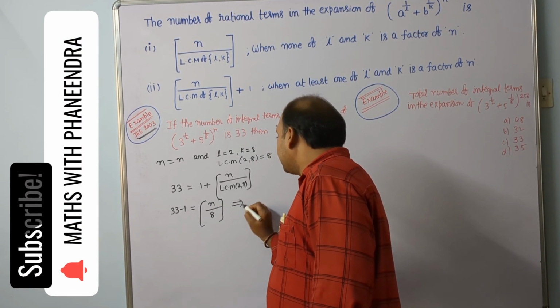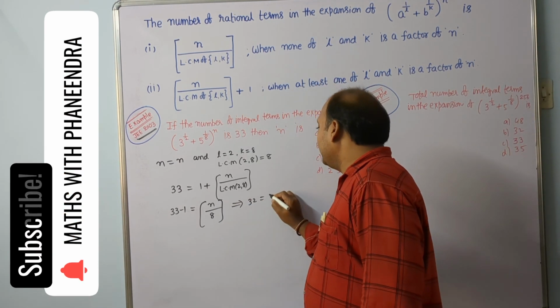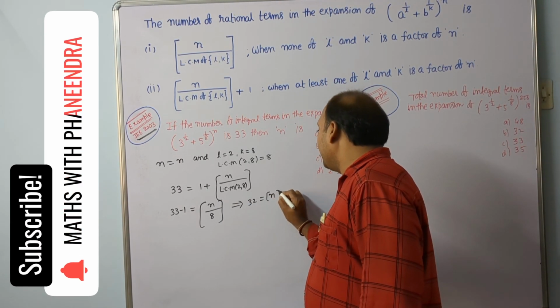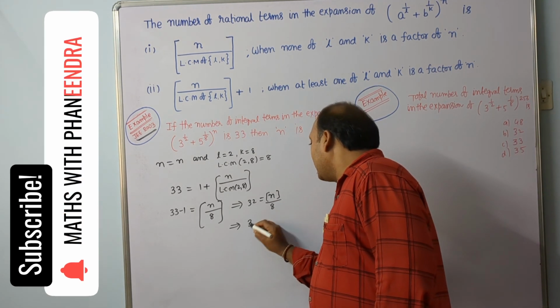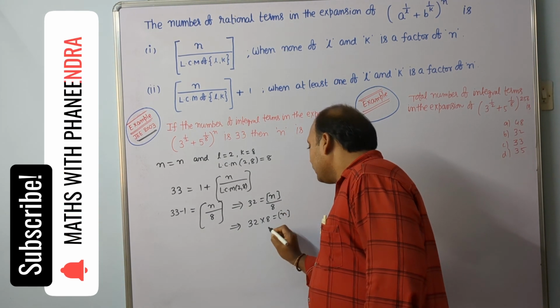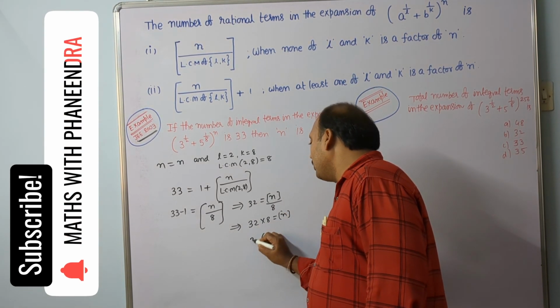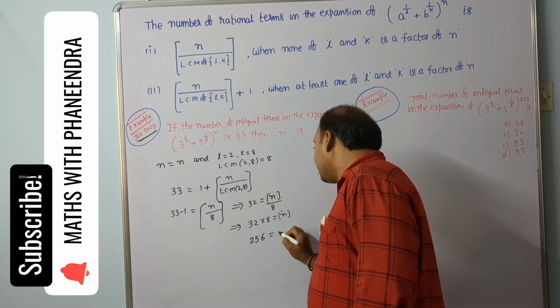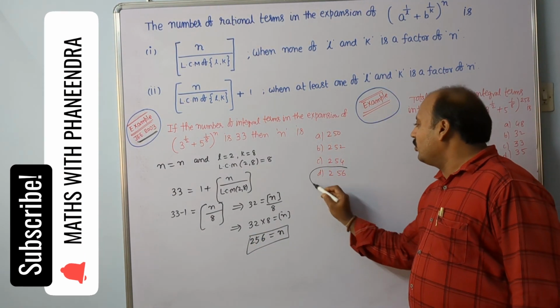So 32 is equal to step of n by 8. Cross multiply, 32 into 8 is equal to n. 8 twos are 16, 8 threes are 24, so 256 equals n. Therefore, the value of n is 256.